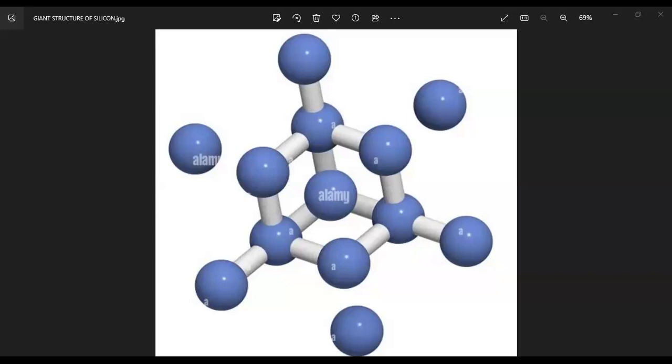I told you the simple molecular structures are for the molecules. And after forming those molecules, the molecules come together under van der Waals forces of attraction, whose strength increases with the increase in molecular mass.